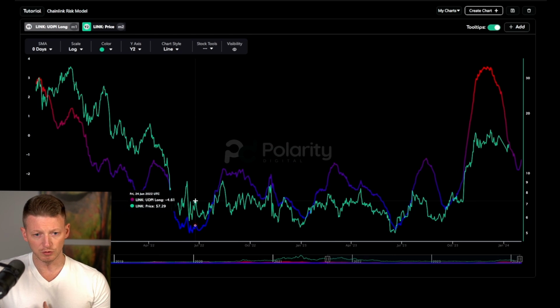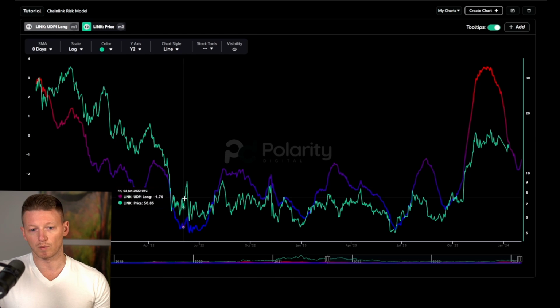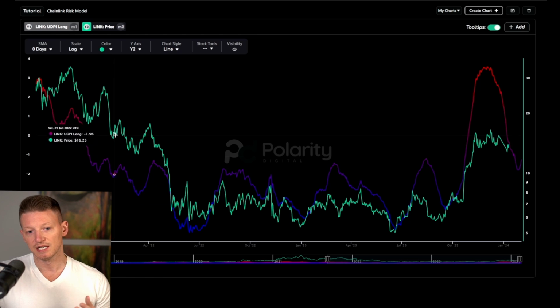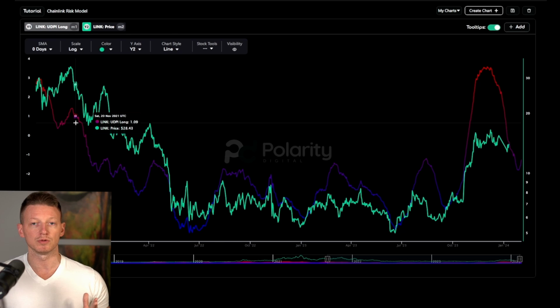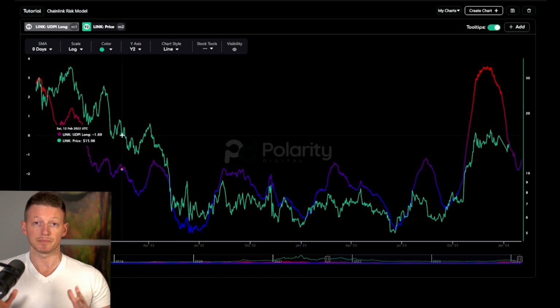And you'll notice that if you were using this risk model during the bear market, it told you that right when we got to the bottom, right when we got down here to around $6, the model during this entire period was telling you, hey, this is a great time to be accumulating. So when we were at these higher prices, you can see the model was telling us, hey, it's still a risky time to hold Chainlink, because based on what's happening in the market right now, it's very likely we're going to see a continued correction.